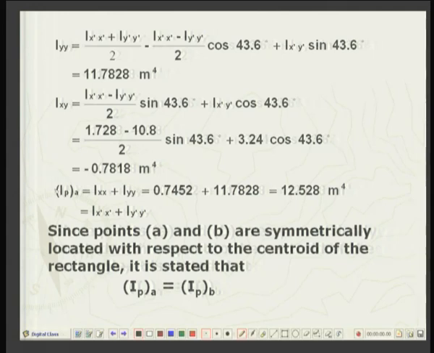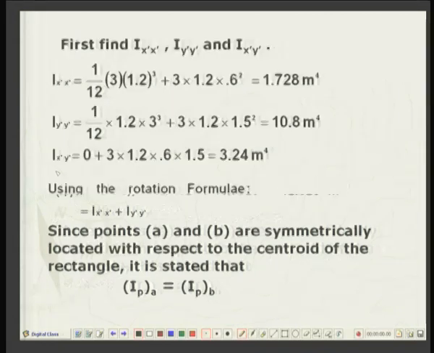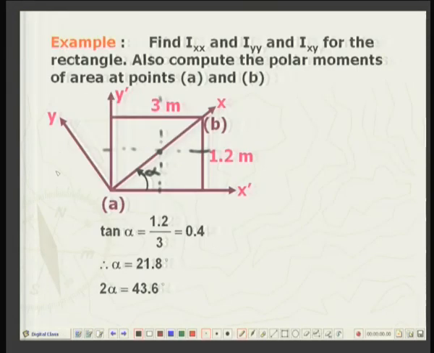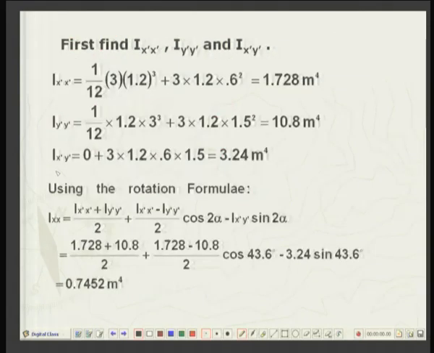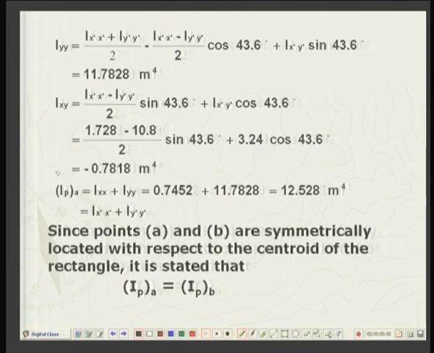So, I polar at point A, at the corner A, and the second is corner B, will be equal to the sum of the two, Ixx and Iyy. So, 0.7452, that is Ixx, and this is Iyy, which comes out to 12.528. Okay? And this is the invariant quantity.